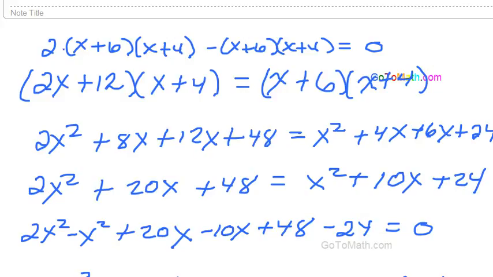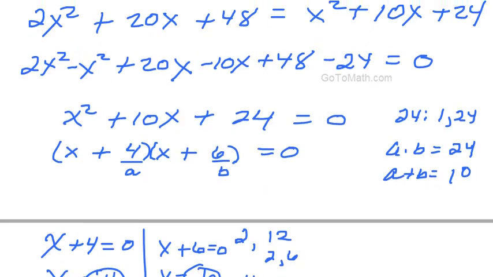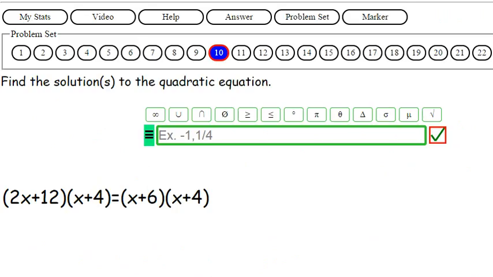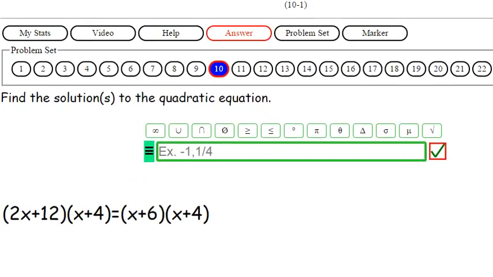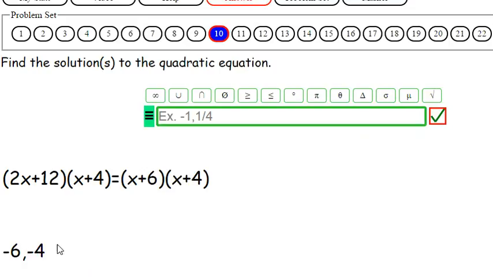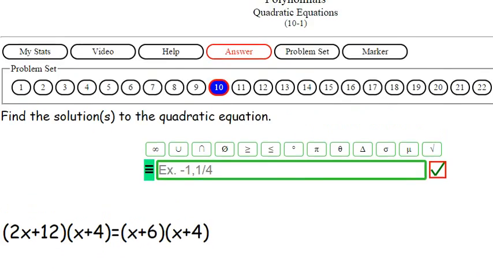Well, there's 2 of these guys over here, so we'd end up with an x plus 6 and an x plus 4 is equal to 0. And of course you can just look at this and go negative 6 and negative 4. So I don't see anything wrong with that, I guess. Anyway, do you see anything wrong with it? I don't know. Oh, negative 6 and negative 4. Okay.